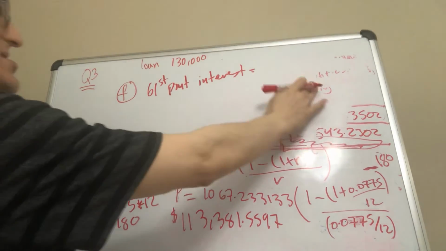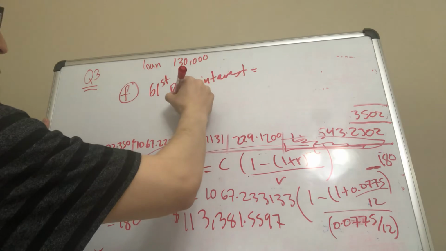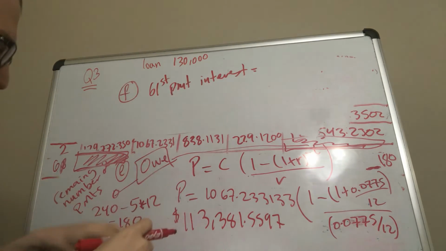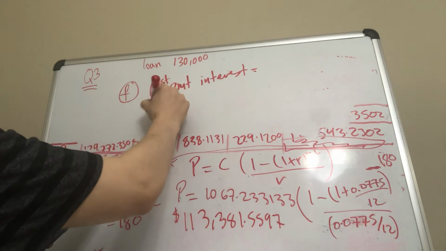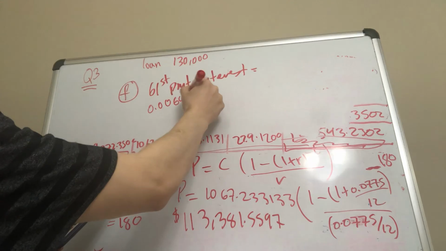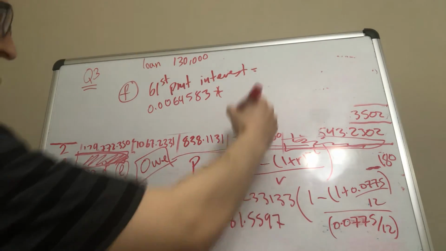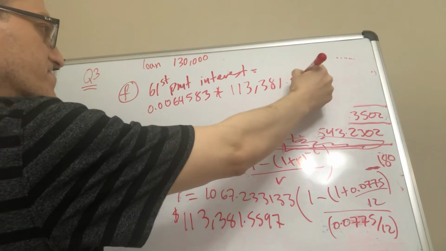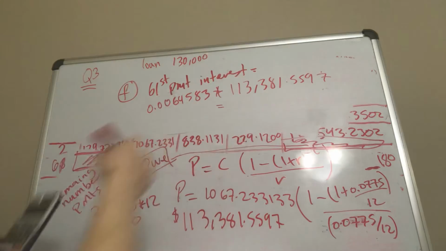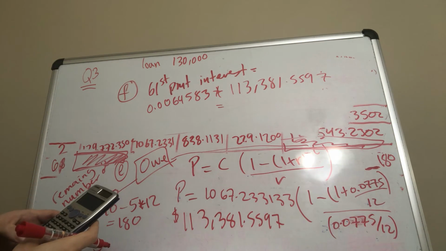I told you to figure this out, you always do R times P. So you take your R, which is again this, times P, which is whatever you owe them. That would be this number. That would be the interest, because that would be the opening of payment 61.